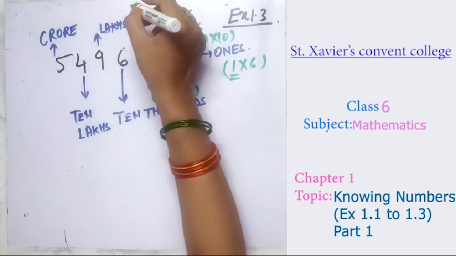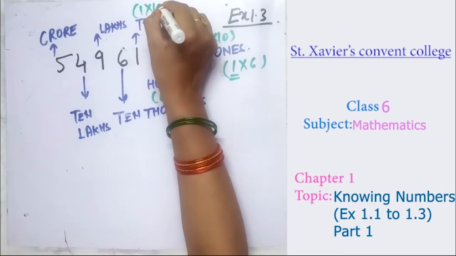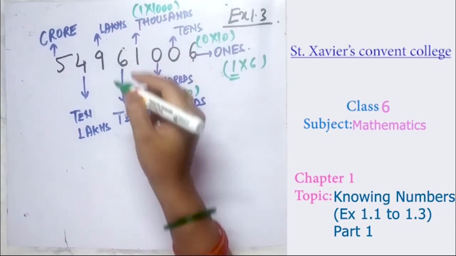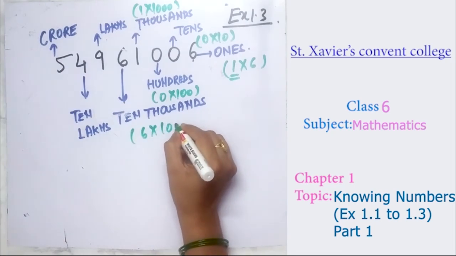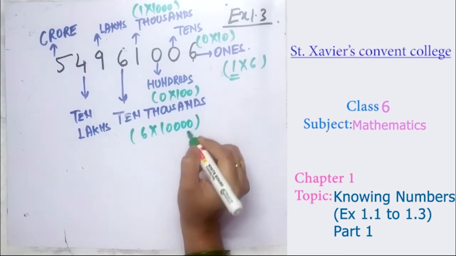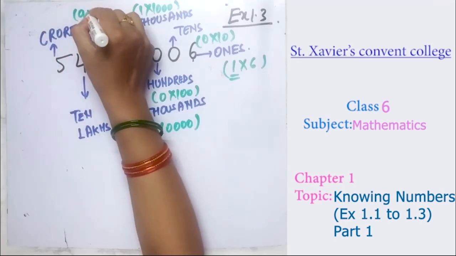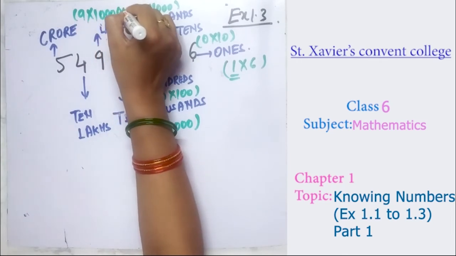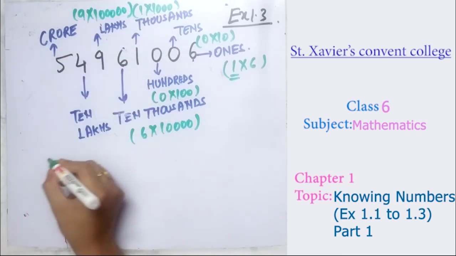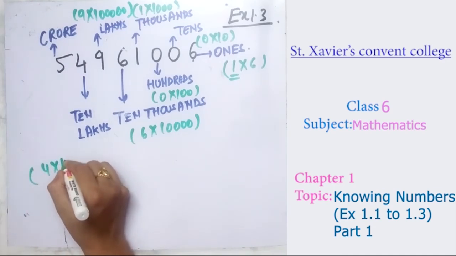Thousands: 1 into 1000. 10,000: 6 into 10,000. Lakhs: 9 into lakhs. 10 lakhs: 4 into 10 lakhs.